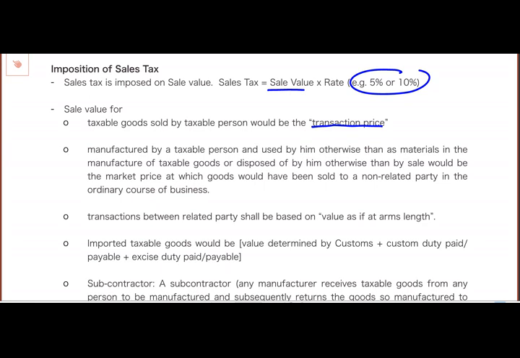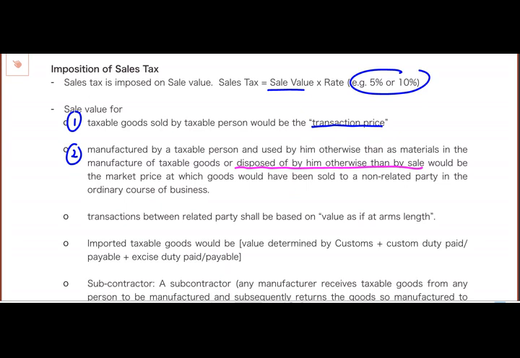But if you come under cases where the manufactured goods are used by that person otherwise than as a raw material in the manufacture of taxable goods, so you are not using that thing back in your manufacturing process, or if you dispose of it, which is more commonly expected in the exam, you dispose of it otherwise than by sale.